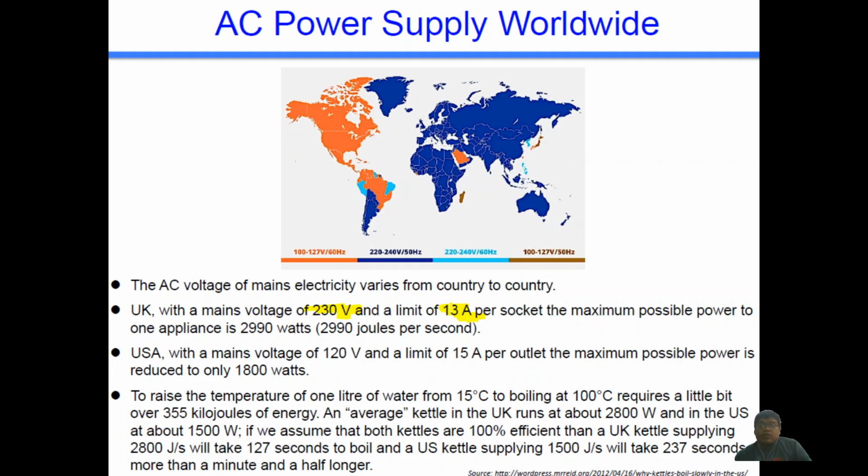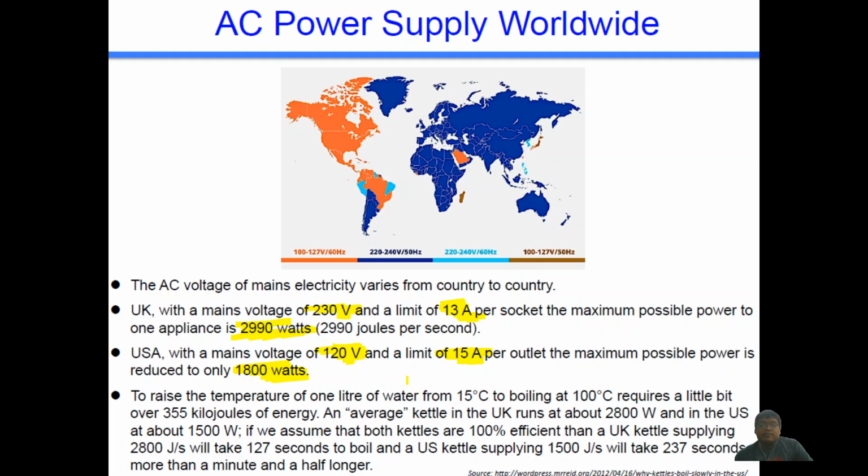For example, the socket plug is similar to Malaysia's, so they use 30 amp. For the USA they use 120 volt and the limit at the socket is 15 amp. So the power that can be taken from that socket is only 2990 watt, compared to the USA's 1800 watt.